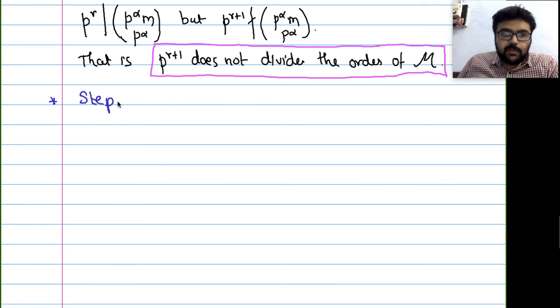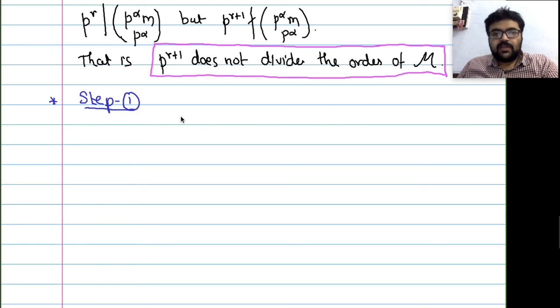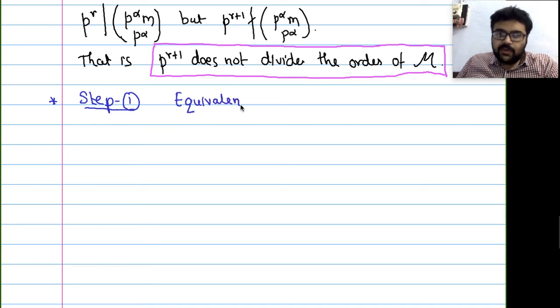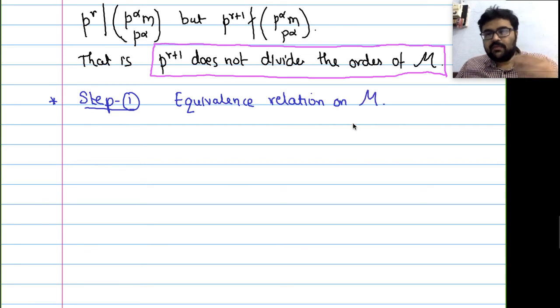We'll see the proof as a whole, then we'll expand all these steps. The first step is defining an equivalence relation. I'm writing like this for your understanding; otherwise the proof is not to be written like this. So, an equivalence relation on M. Define a relation. This is for us to remember, so that once we know all these steps, it's an easy verification. You just need to remember these four steps.